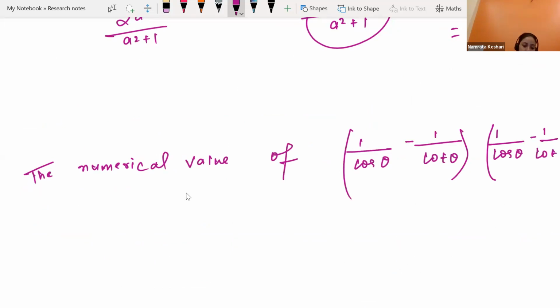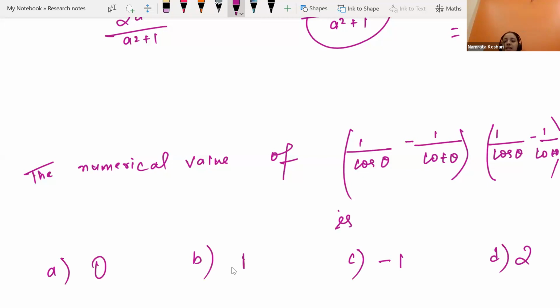Wait. The options are 0, 1, minus 1 and 2. Please do it. The same thing is there in both the brackets. Please do it, check it. What are you getting?